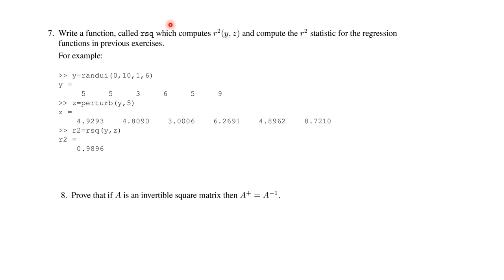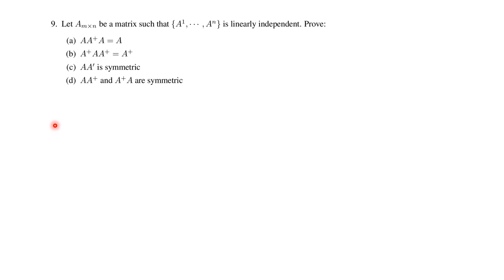So make a function which performs that assessment, the coefficient of determination, the R² coefficient. Have a shot at this too. And here are some more exercises just to get you used to the pseudo-inverse of a matrix. So at each of those exercises, you should pause the video and do them yourselves.